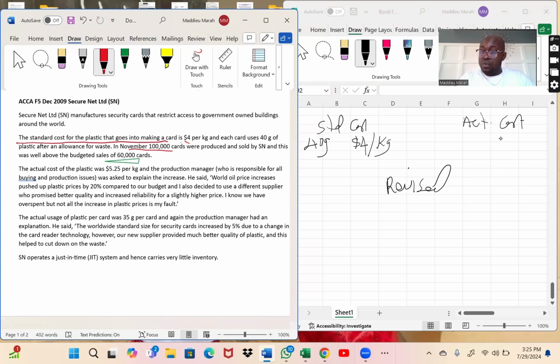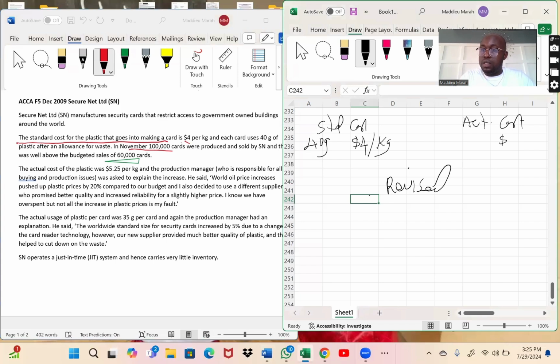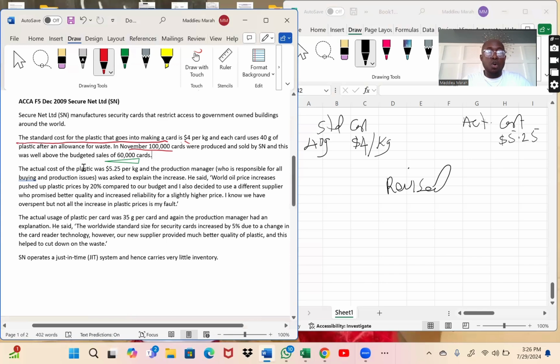So actual result now, we come to the actual table. Actual is $5.25. This is our actual figure per kg. And the production manager, who is responsible for all buying and production issues, then the price variance will be attributed.